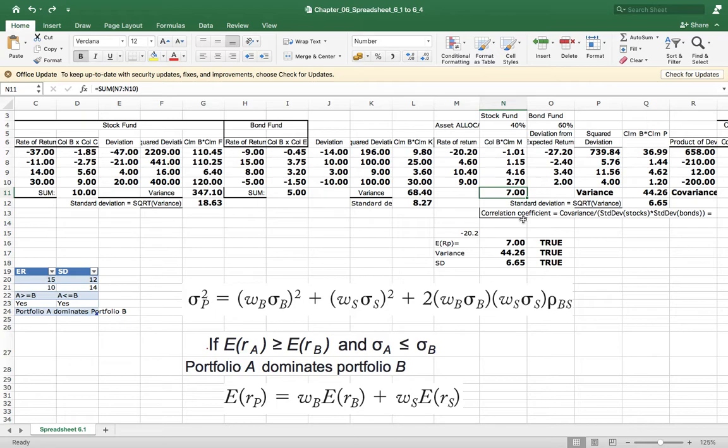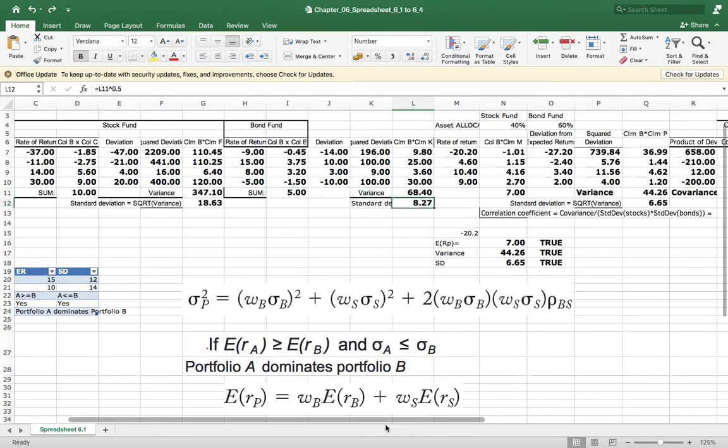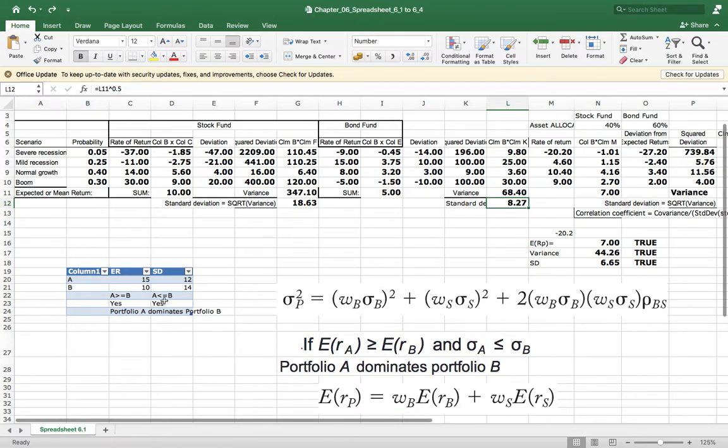Some people have a misconception. They say, if I'm an old fellow, I don't want to take risk, I will put all my money in the bond fund. Wrong. If you put all 100% in the bond fund, your expected return will be 5% and your standard deviation will be 8.27. So I am writing here so that you can understand.